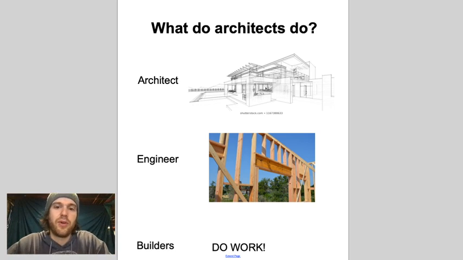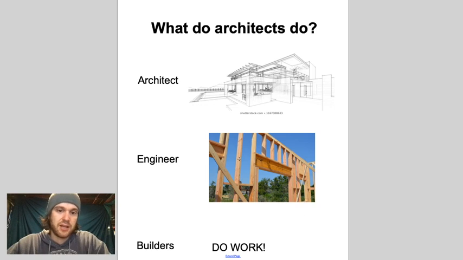A perfect example of the difference between an architect, an engineer, and a construction worker is when you're building a wall. An architect is going to draw where the opening is. An engineer is going to say, if you have an opening that wide, then that door frame is going to need a header that is this thick to be able to distribute the stress from the roof, and so forth.